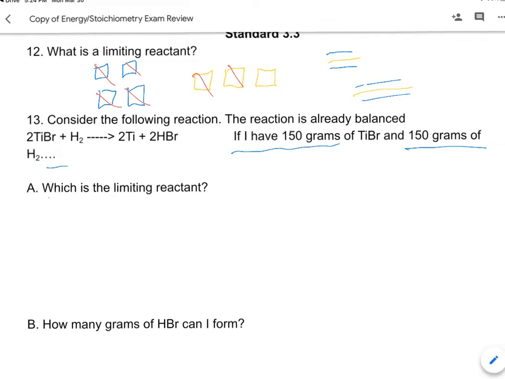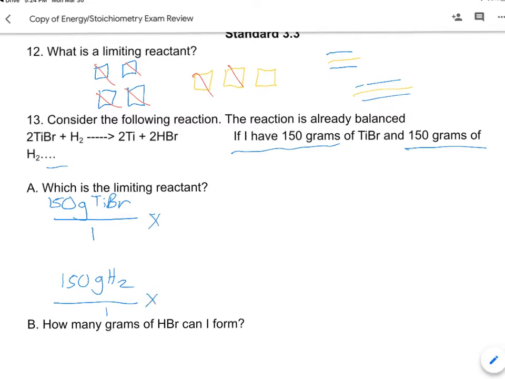So I'll write both of those down. For one, I'm going to start with 150 grams of titanium bromide, and for the other, I'm going to start with 150 grams of hydrogen. Okay, so there's the start of my 2 problems.